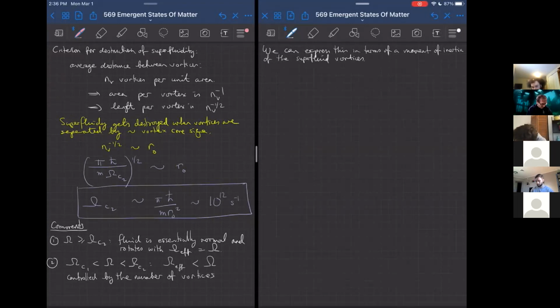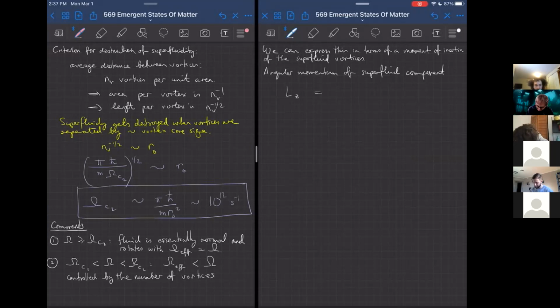Well, I'm just going to write down the formula. It uses a result that you have in the homework. So the angular momentum of the superfluid component is going to be this. So what we're going to do is write down the angular momentum of all the vortices. We know how many there are per unit volume, and so we're going to just integrate over those.